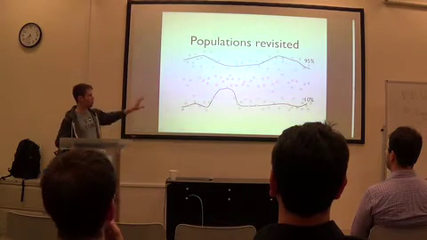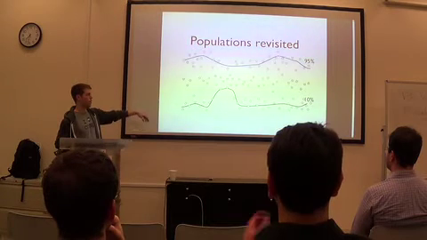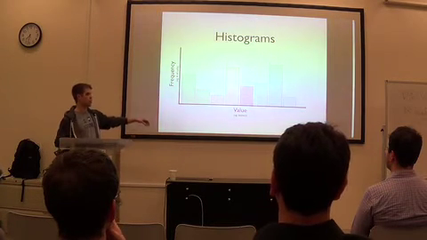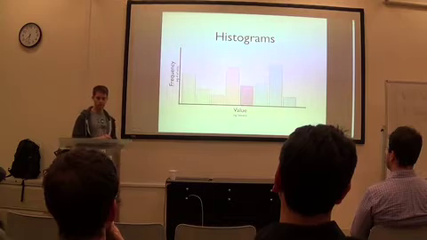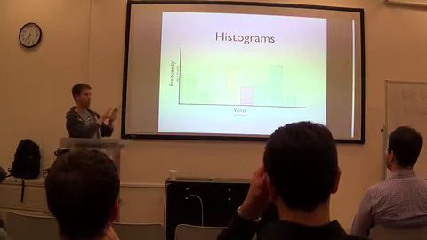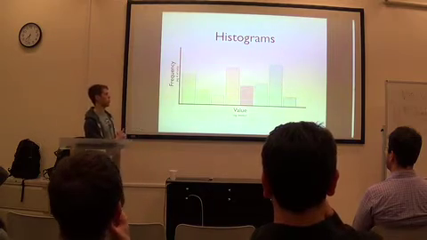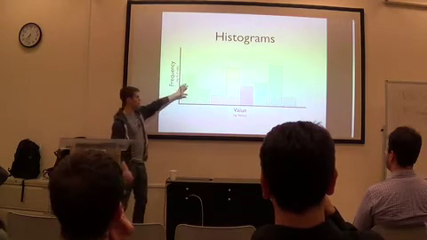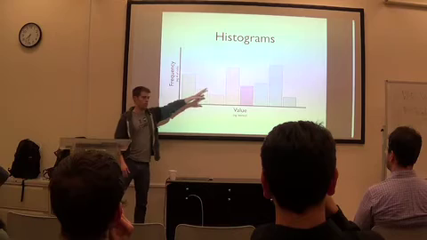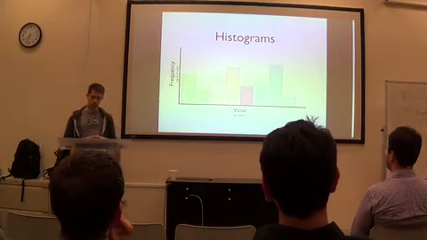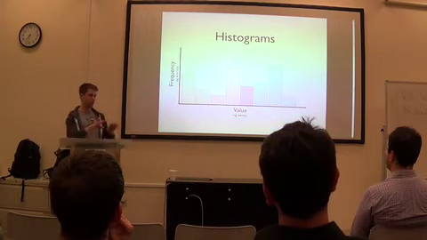And so if we were to look at this with a histogram and color it, you'll see that these histograms are basically combinations of different log normal distributions. You kind of stack them on top of each other. And so we've got population A, population B, population C, and they're stacked on top of each other.